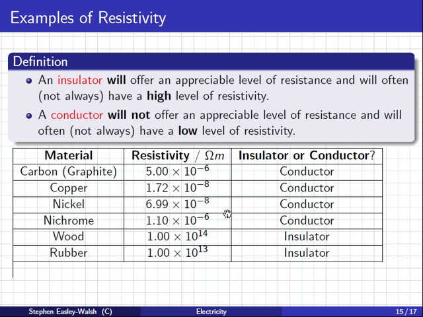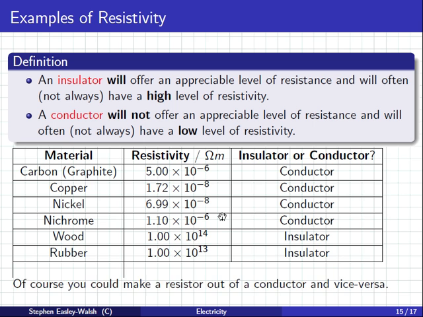Rubber is also very large compared to these conductors. Ginormous. So technically speaking, you could make a resistor out of a conductor and vice versa. If you have something like copper, but you want to make it a resistor, then you just need to make the copper have a very small area. Then it becomes a resistor.